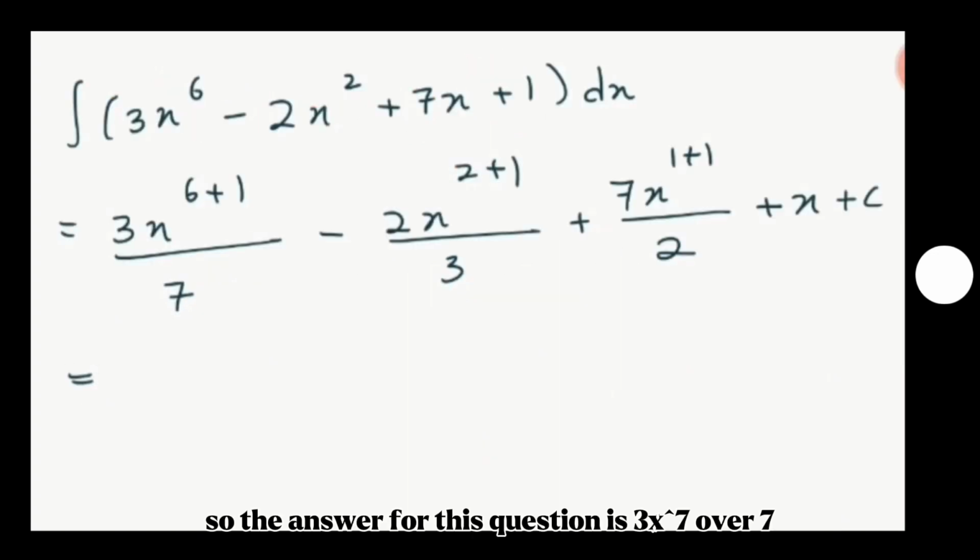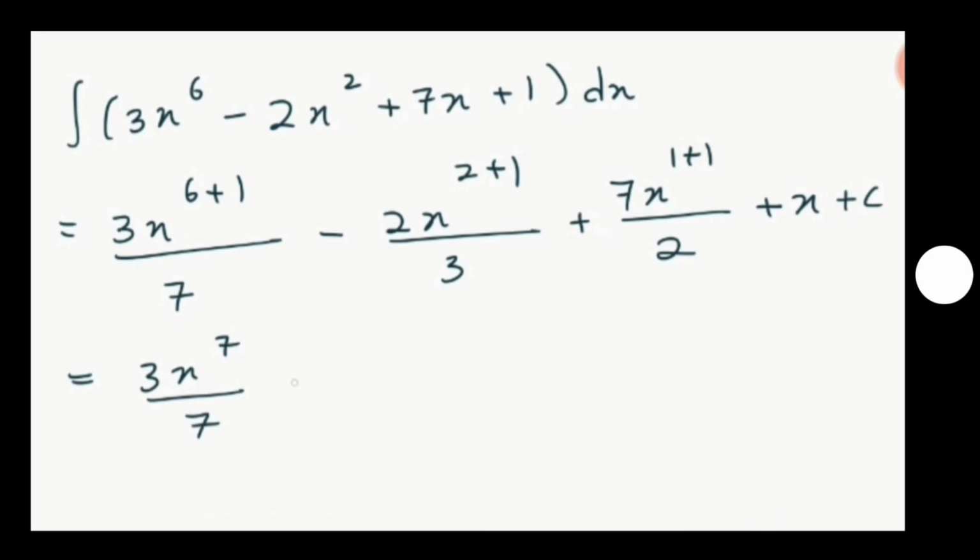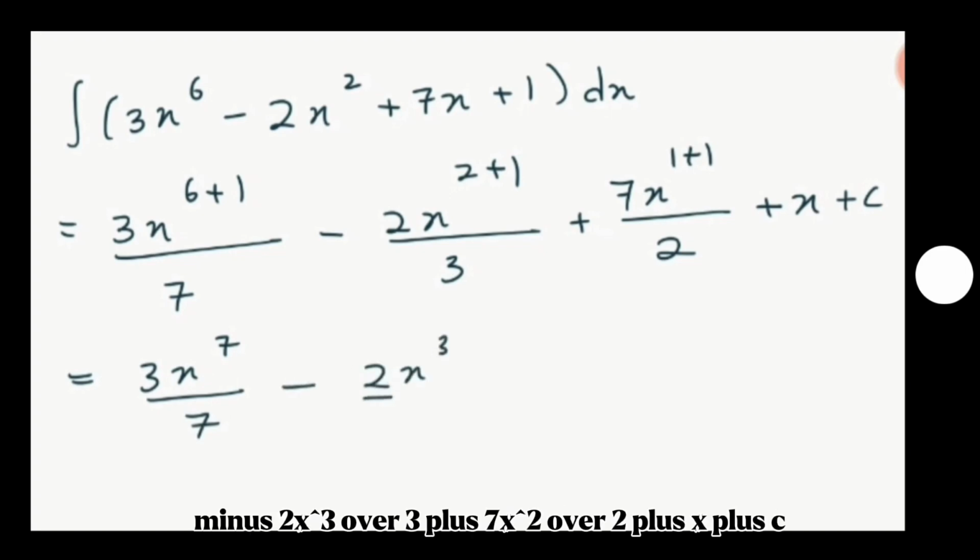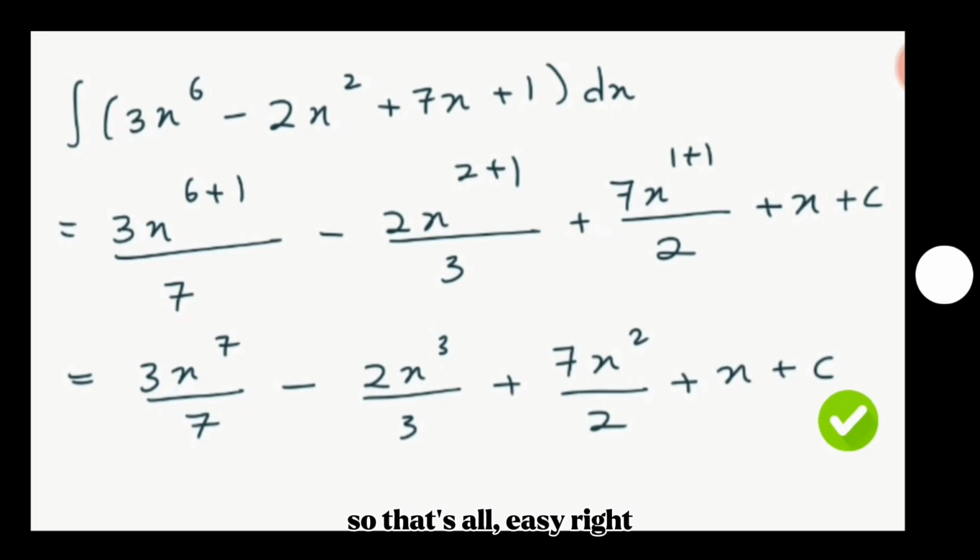So the answer for this question is 3x^7/7 minus 2x^3/3 plus 7x^2/2 plus x plus c. So that's all. Easy, right?